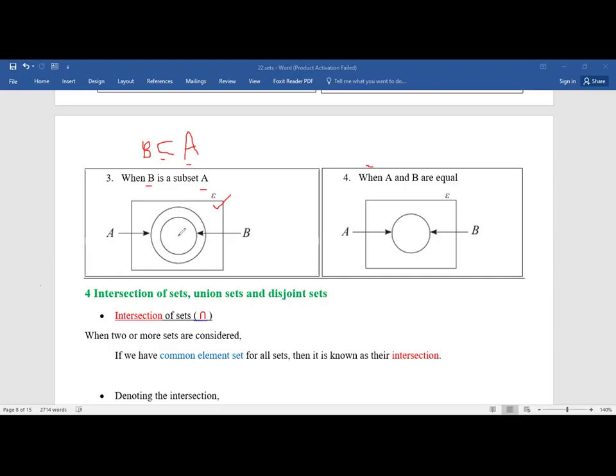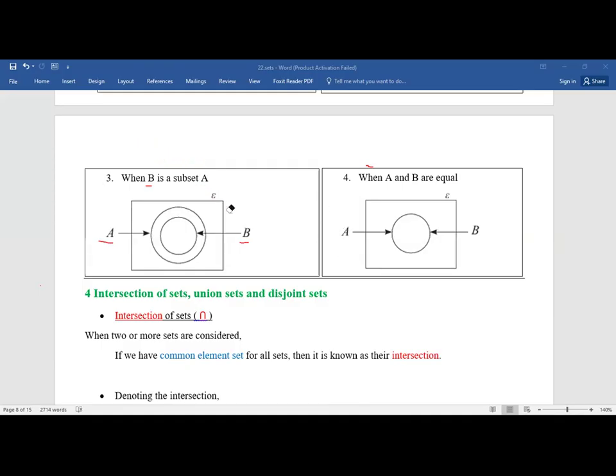Inside that I have to draw the small set B, because B is a subset of A. Inside the bigger circle, you have to draw the smaller circle, because B is a subset of A. A should be bigger. Mouth is open for the A side.